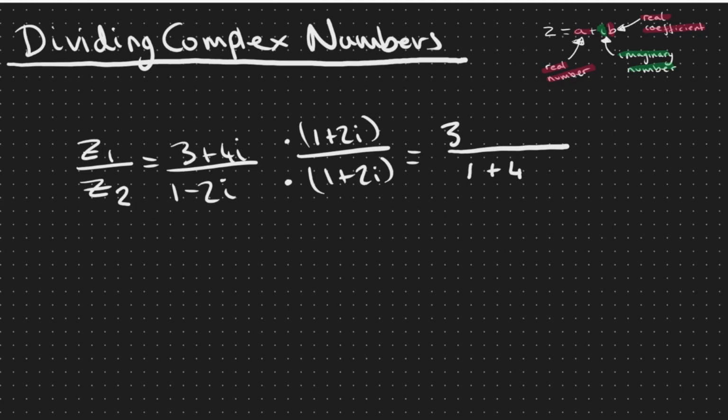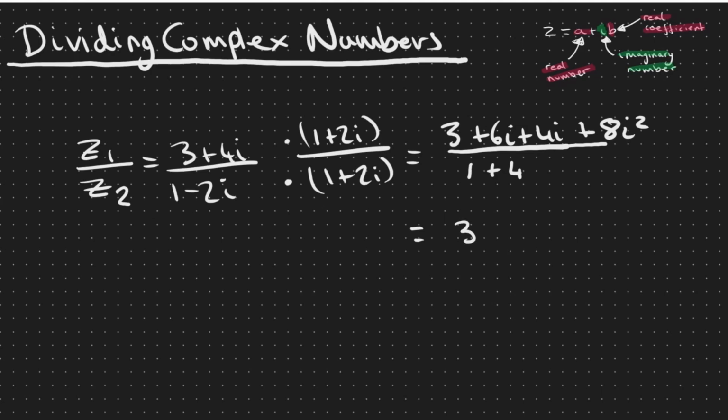So this would be 3 plus 3 times 2i is 6i, plus 4i times 1 is 4i, plus 4i times 2i is equal to 4 times 2, 8, 8i squared, which we know would be minus 8, right?